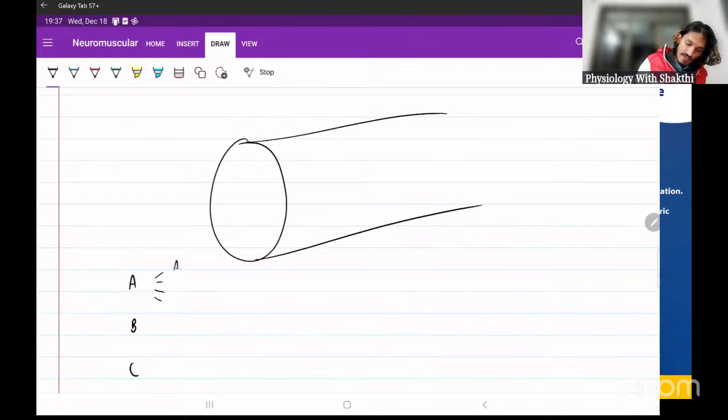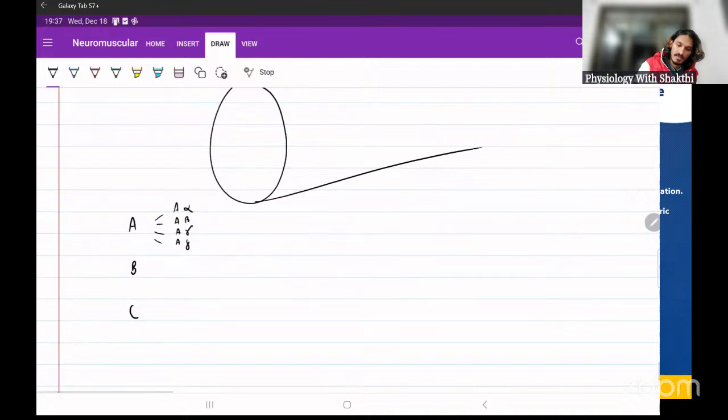So you have A alpha, which is the fastest, A beta, A gamma, A delta, B, C. As you go down from here, conduction velocity decreases. The fastest is going to be A alpha, and the slowest is going to be C.